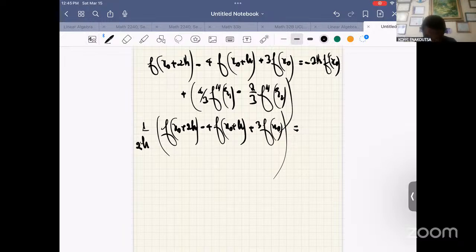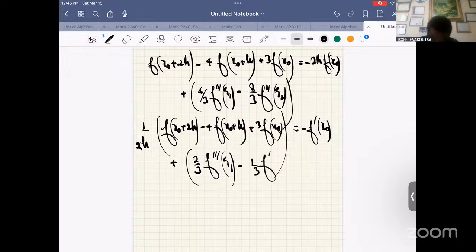So this will give us negative f prime at x0 plus 2 thirds f triple prime C1 minus 1 third f triple prime at C2, like that. Okay, so better this one, there is an h that I forgot here. H cubed multiplies all that expression. So h cubed multiplied, so this will be h squared.